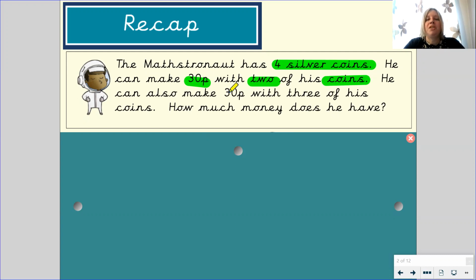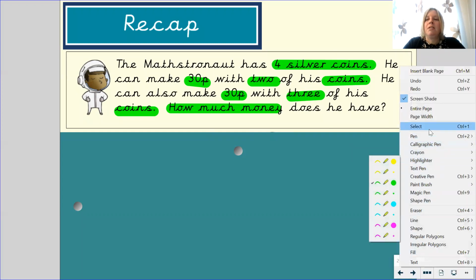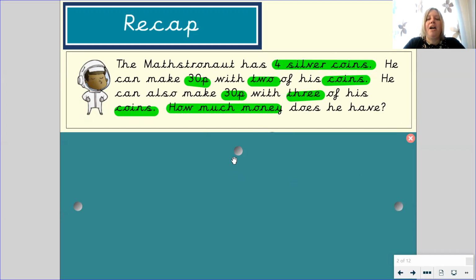He can also make 30p with 3 of his coins. How much money does he have? So we've got to break this down and use these steps to help us to solve the problem. So let's look at the first part of the problem.